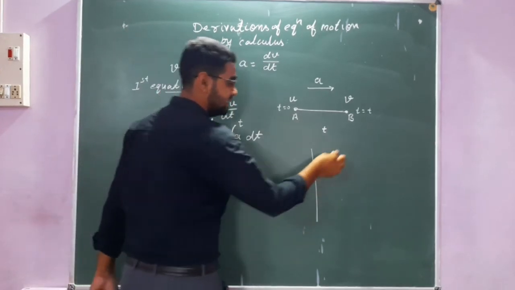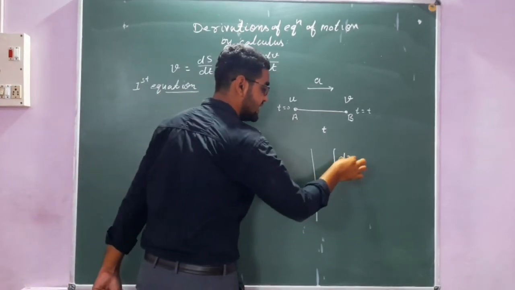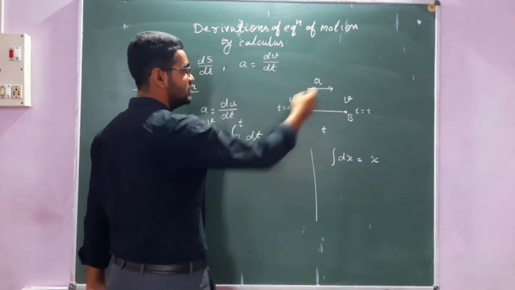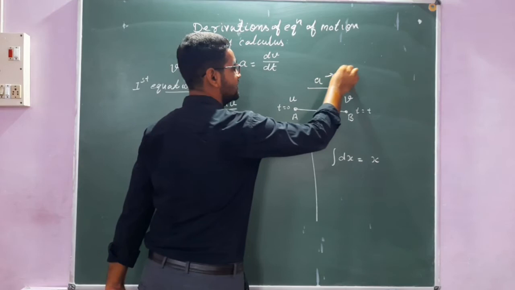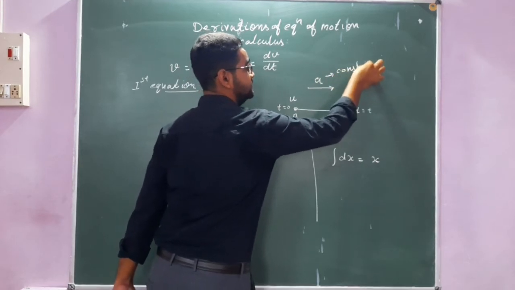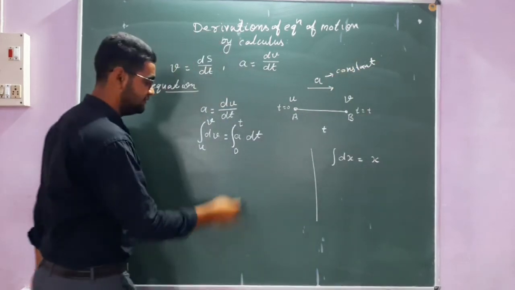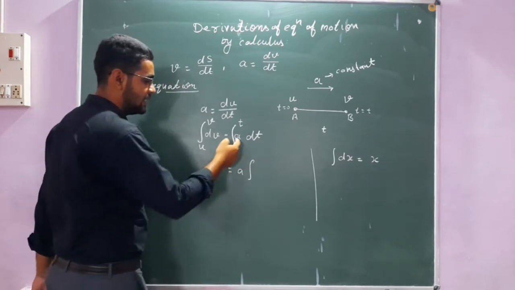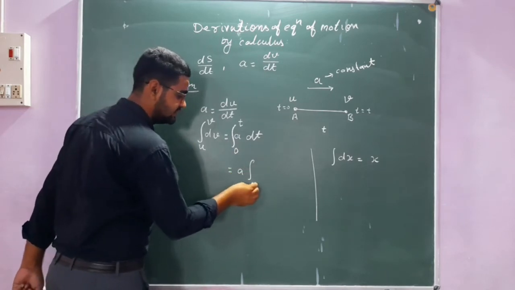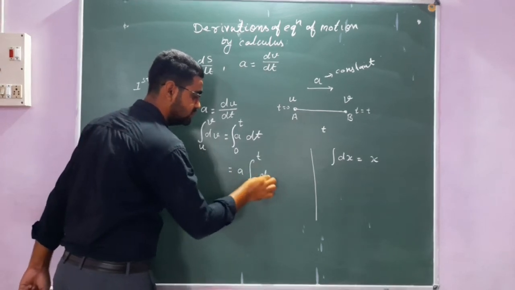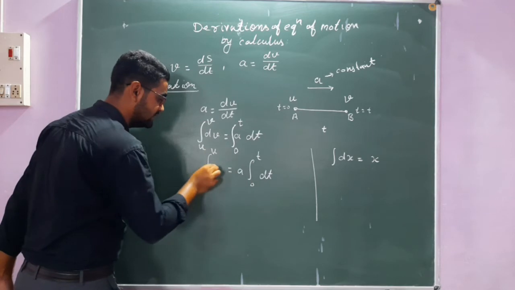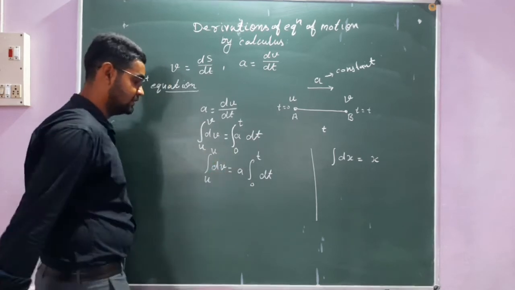And we know that the integration of dx is equal to x. Here a is constant because the whole motion is considered under a constant acceleration. So a is constant, we can take the acceleration out of the integration, then this will become integral from 0 to t of dt, and this will be integral from u to v of dv.